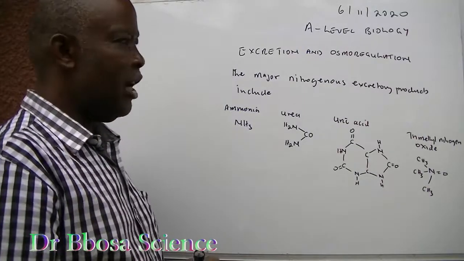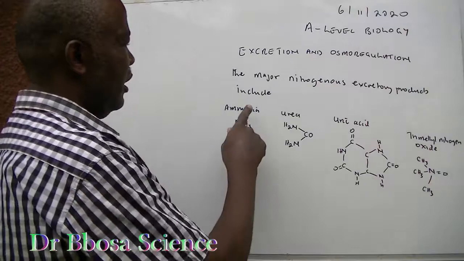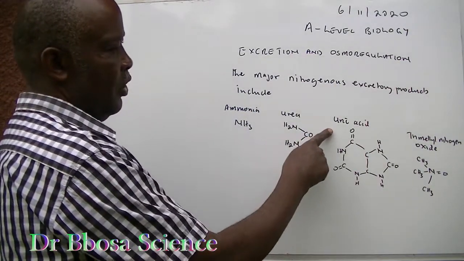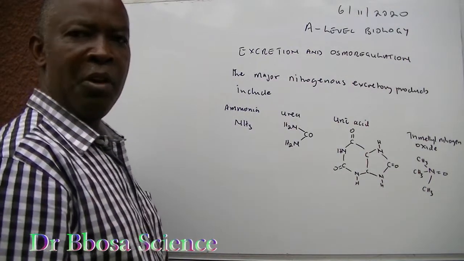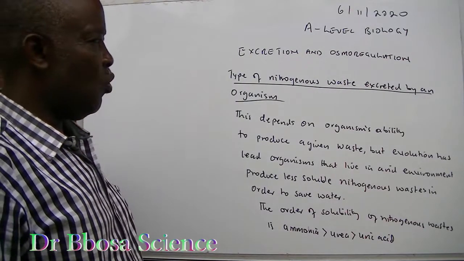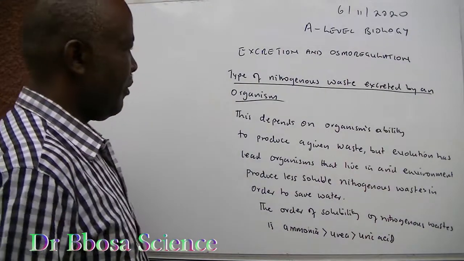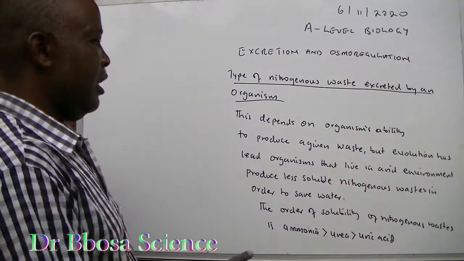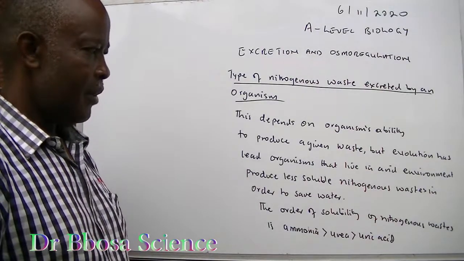The major nitrogenous excretory products include ammonia, urea, uric acid, and trimethylamine oxide. The type of nitrogenous waste excreted by an organism depends on the organism's ability to produce a given waste.